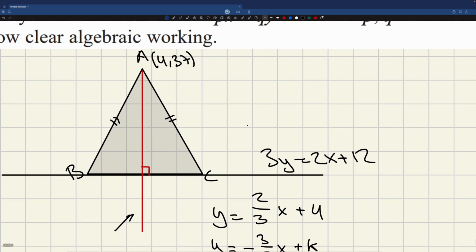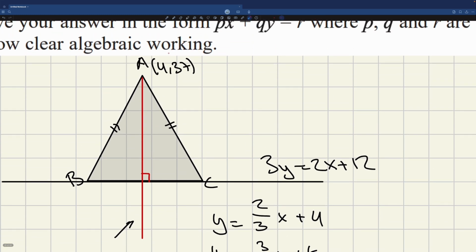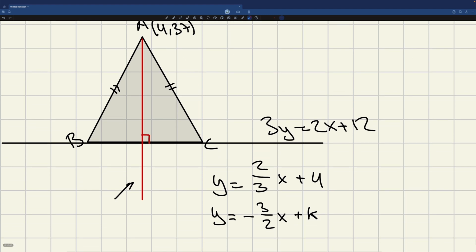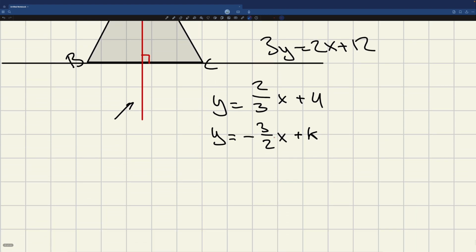Now we need to notice something very important. We need to notice that the graph that we're searching for passes through point (4, 37). Now there will be only one such graph that passes through point (4, 37). So what we can do is we can simply substitute 4 into x and 37 into y.